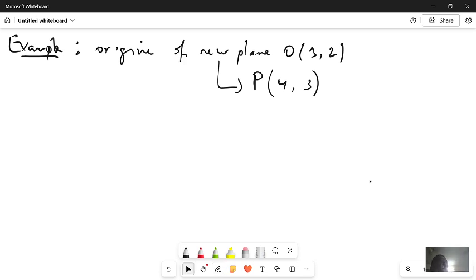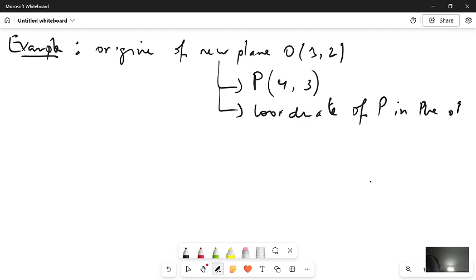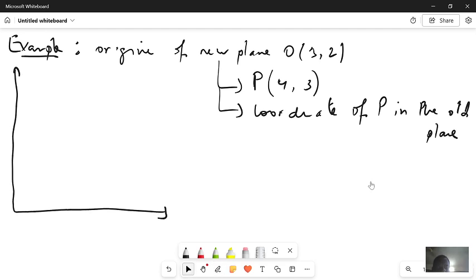Let's say I want to determine the coordinate of P in the old plane. So I have the old plane, and I have point O, the origin of the new plane. It has a coordinate 1 in the old plane and 2.